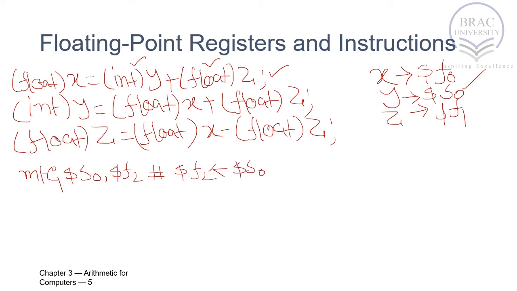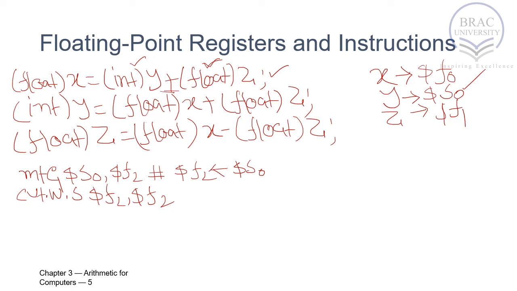Now the value that is inside F2 is an integer value, but as you can see, Z is floating point, so we need to convert the value that is inside F2 into float. So the instruction is CVT.S, and let's say F2 and F2. So we are converting the value that is inside F2 from integer to floating point and storing it inside F2. Now we perform the addition operation.